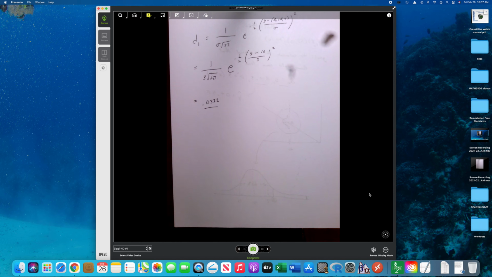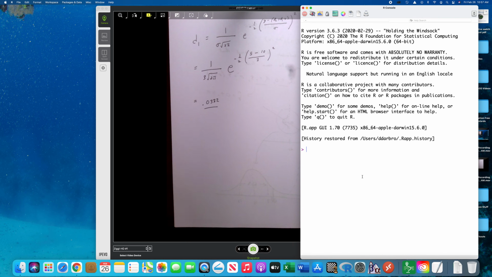Now I can demonstrate that with R just by using dnorm. We want to calculate the density at 5 with a mean of 10 and a standard deviation of 3. So again, 0.0332.